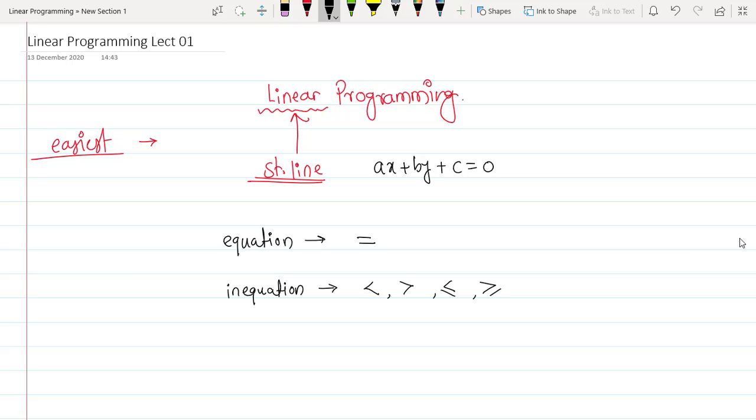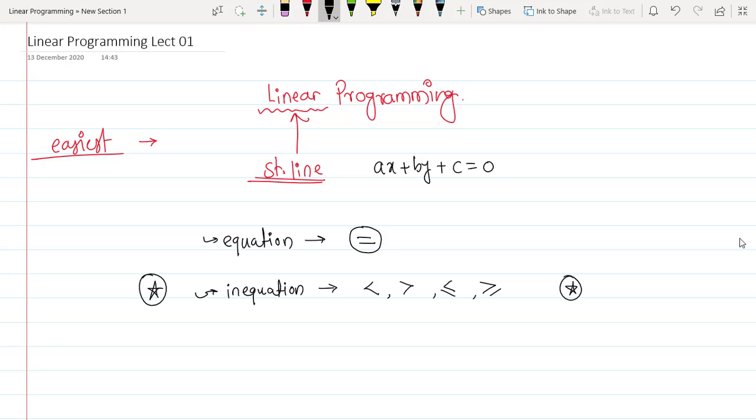These are called inequalities, and the only symbol represented for the equation is equal. These are unequal. That's what we have as the inequalities in linear programming. This whole topic revolves around these inequalities. If you understand the difference between less than, greater than, less than or equal to, and greater than or equal to, then you will score full marks in this topic.